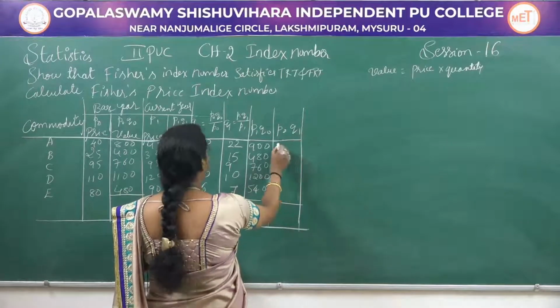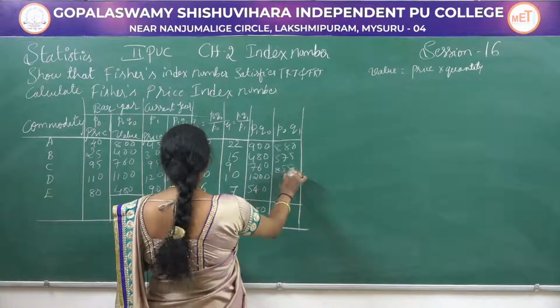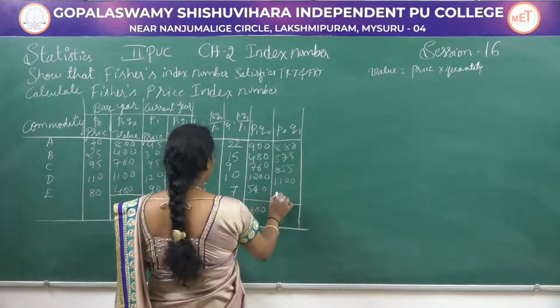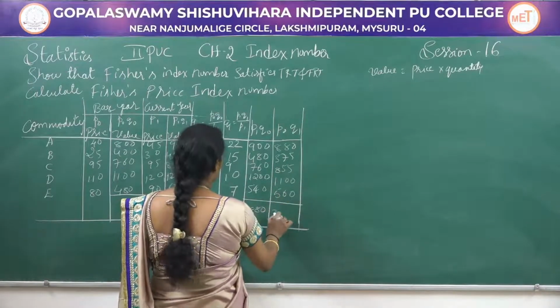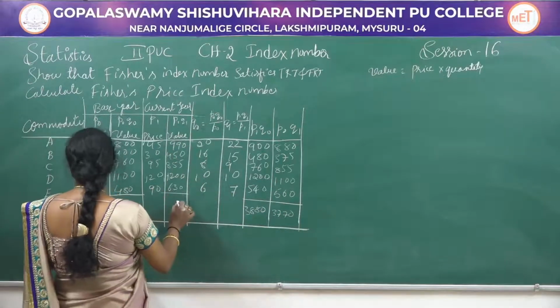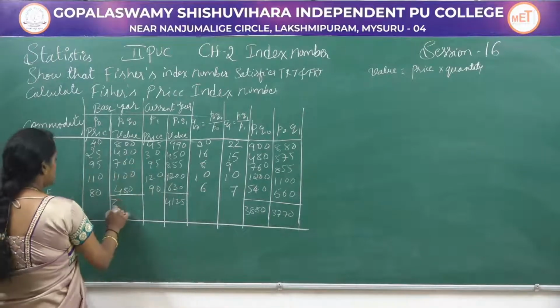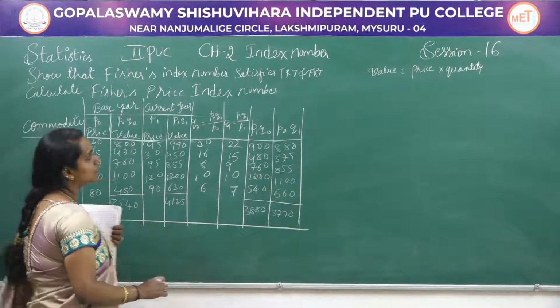Similarly, P0 Q1, 880, 375, 855, 1100, 560. Total is 3770. So P1 Q1 total is 4125, and P0 Q0 total is 3540.